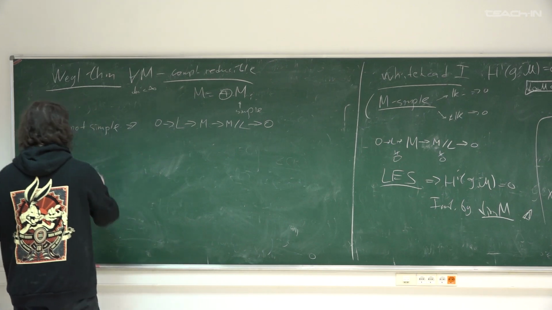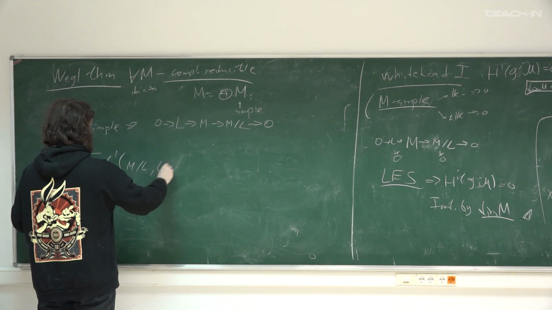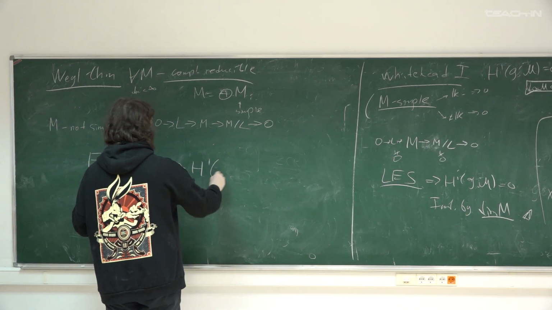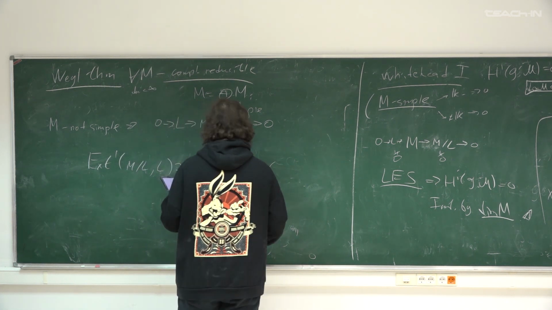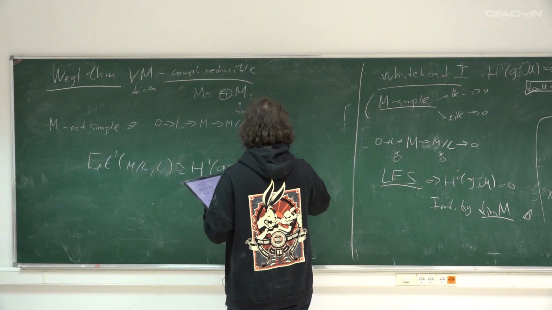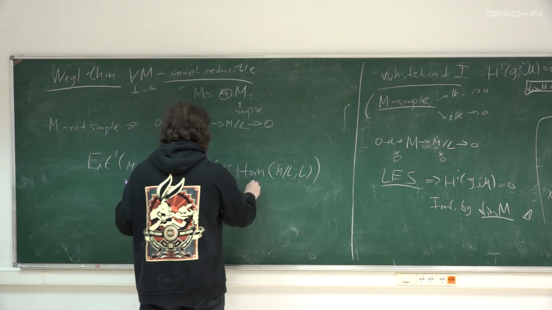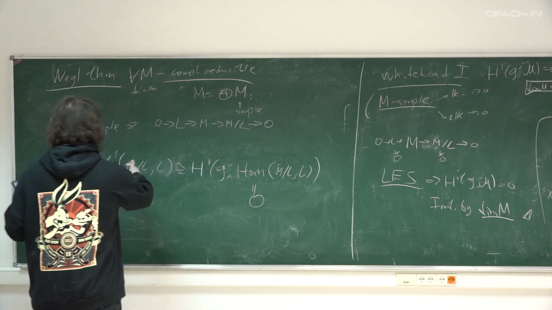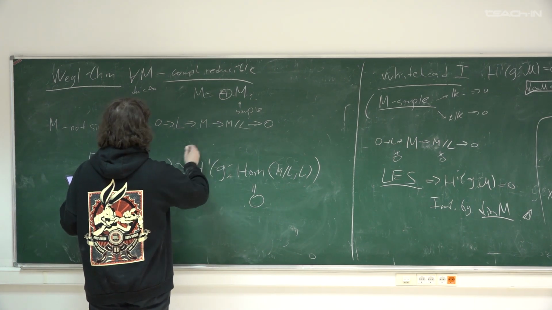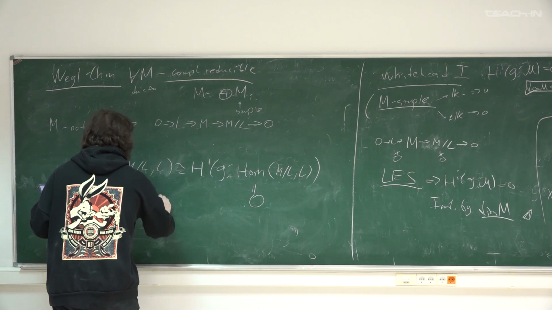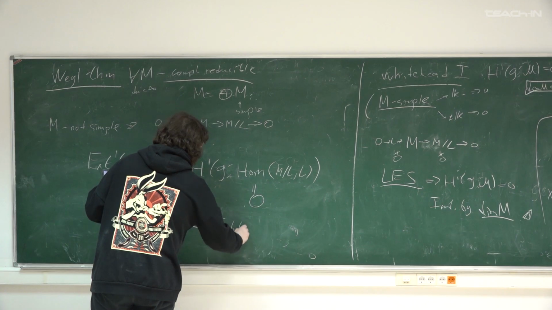But now we know that this extension, Ext^1(M/L, L), is isomorphic to the first cohomology of G with coefficients in Hom from M/L to L. But this is a module of a semi-simple algebra, so it's 0. So we obtain that this extension is trivial, so it's a direct sum. So M is the direct sum of L and M/L. And now we have induction on dimension, and so on.